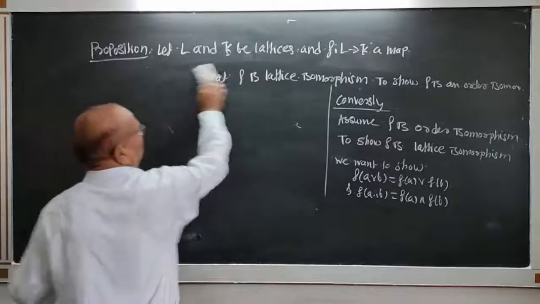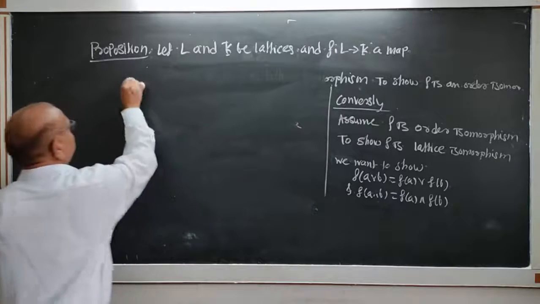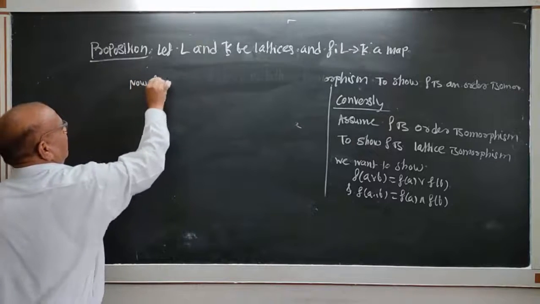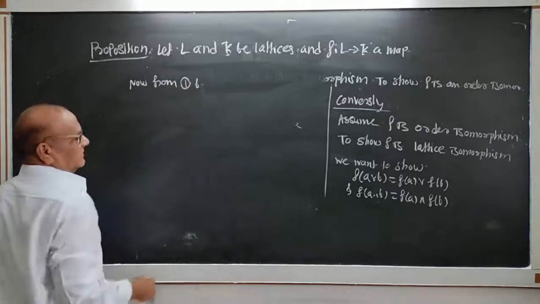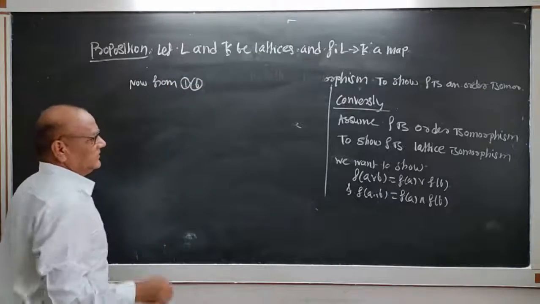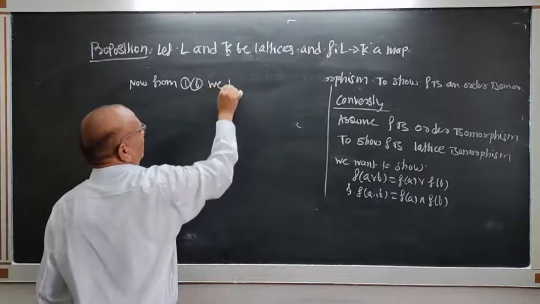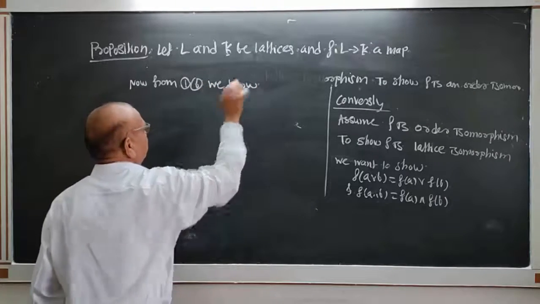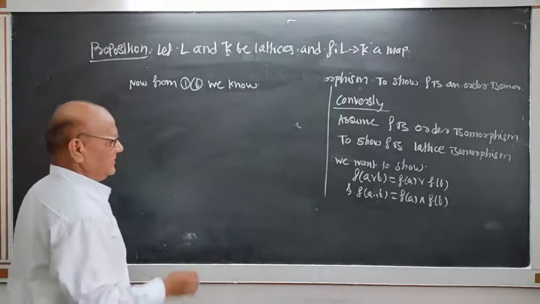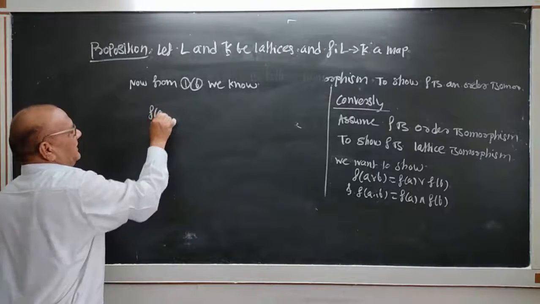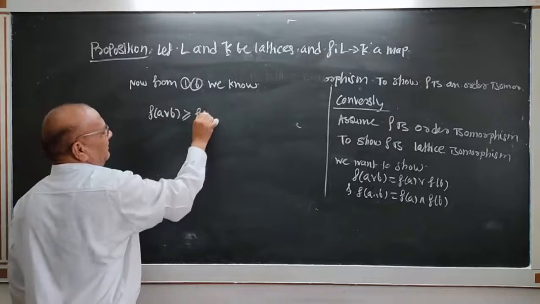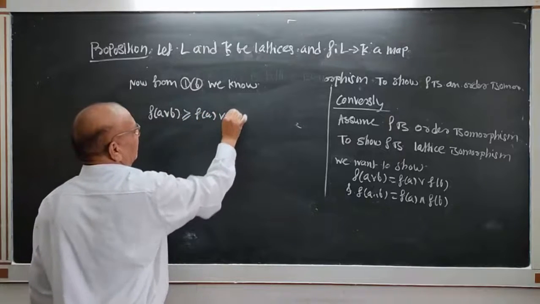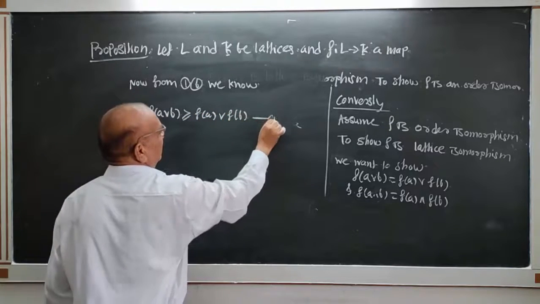Now, from 1b, we know f(a join b) is greater than or equal to f(a) join f(b), number 1.